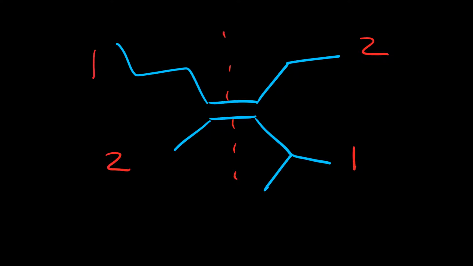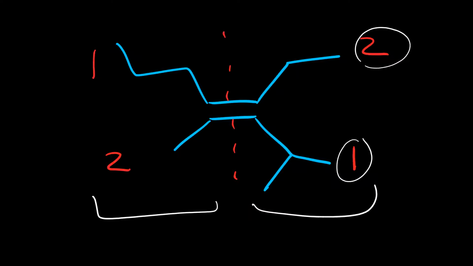And so what we're going to do is bisect the alkene down the middle like I've shown with the red line, and then you're going to look at the right side separately from the left, and you're going to use what you learned when we did R and S designations, the Cahn-Ingold-Prelog rules, and you're going to give these groups a priority number. So let's start with the right side.